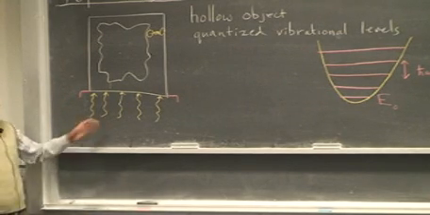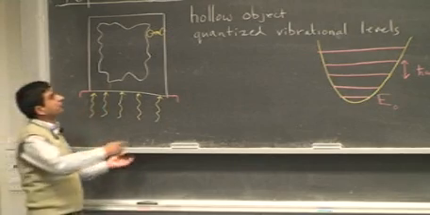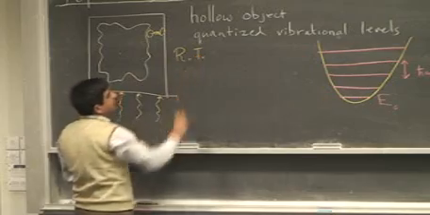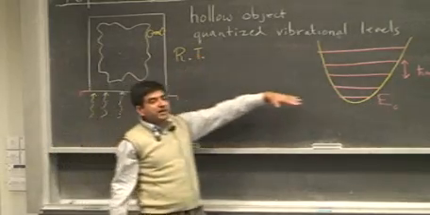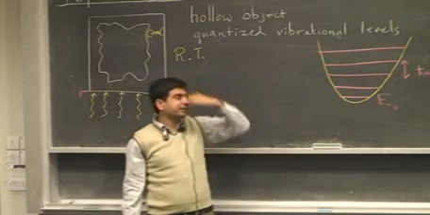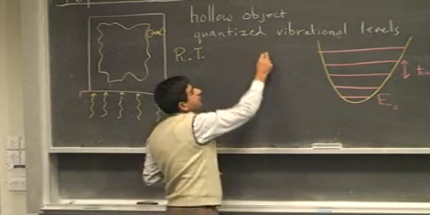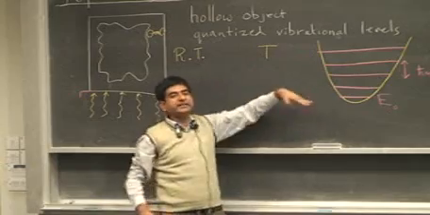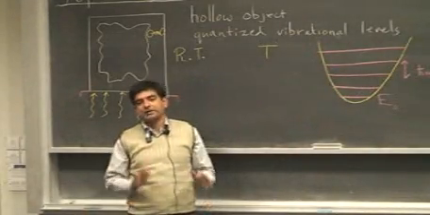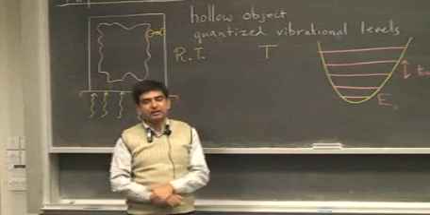Now suppose this stove was off, everything was at room temperature. Now these are the vibrational levels of one particular atom. The question is that if we are at temperature T, which of these levels is populated? This is the question that we're going to answer.